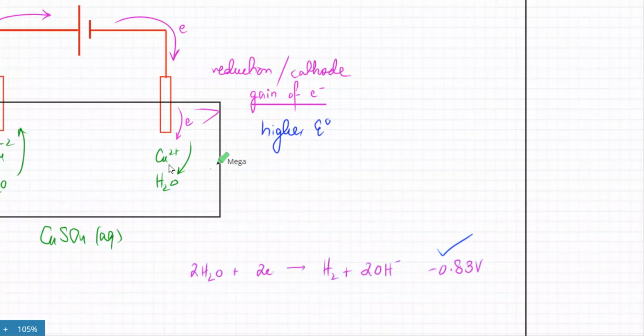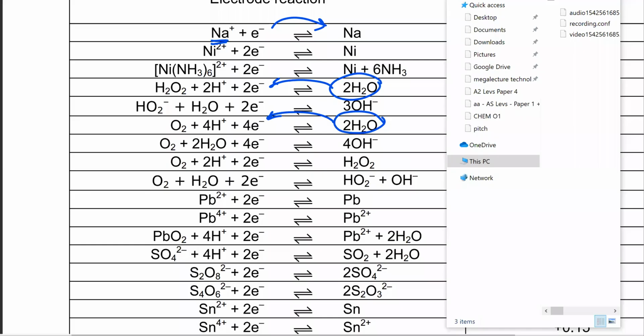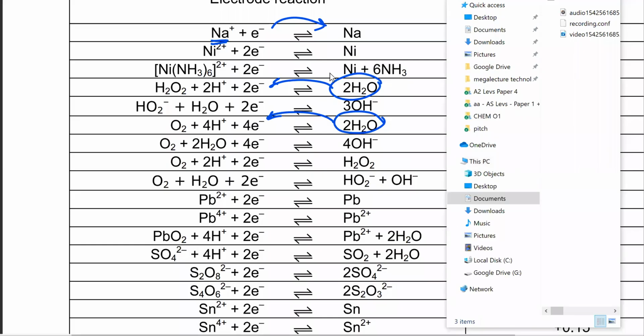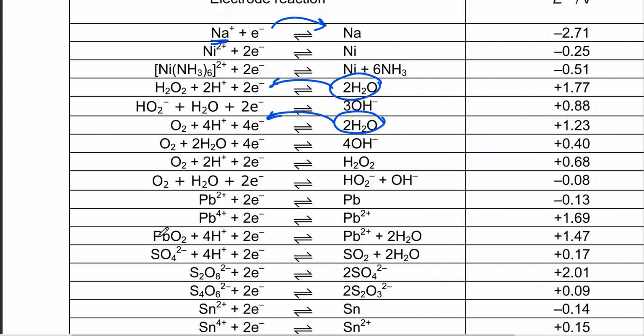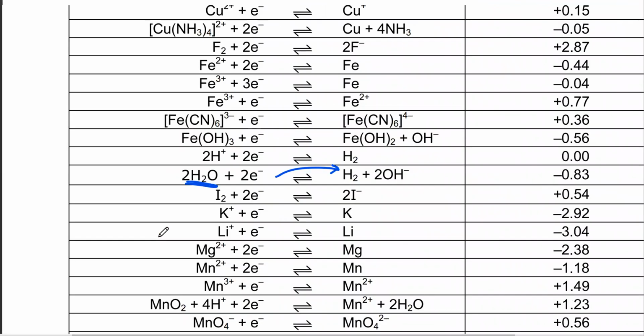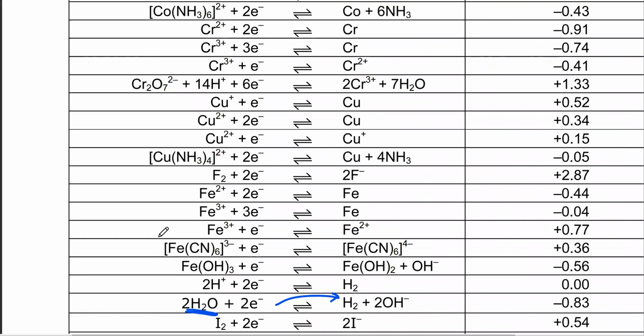And I'm going to find equations for copper +2. So I'll just open the data booklet. And remember, I want copper +2 to gain electrons. So where is copper? And remember, it should be in the forward direction. I've got two reactions for copper +2 where they are gaining electrons, and I'll just copy both of them.